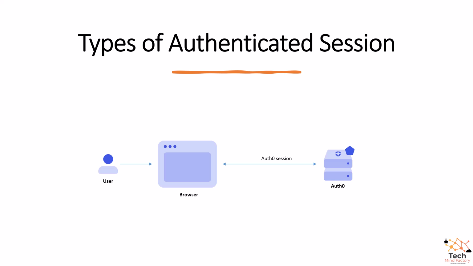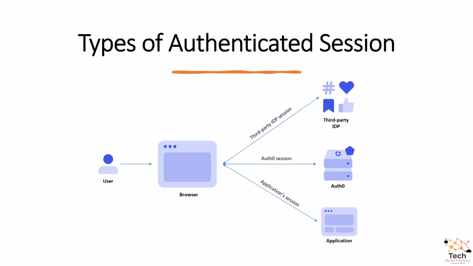Auth0 will drop an authentication session cookie into the browser, and on the Auth0 side, Auth0 knows that this user was successfully authenticated and there is an existing session for this user. We also have a chance to sign in with a third-party identity provider. When we sign in with Facebook or Google, those identity providers will drop their own authentication session cookies into the browser.